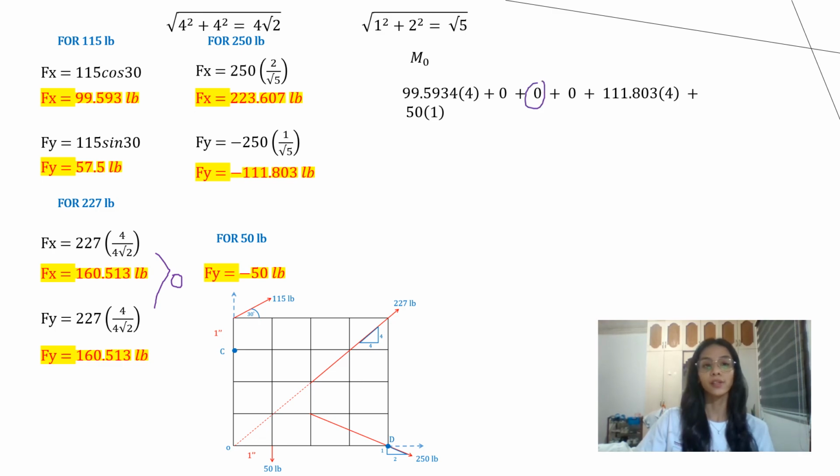And since for the 250 our Fx is 0, it is 0. And plus 111.803, since it is clockwise, times 4, plus the 50 pounds times 1.